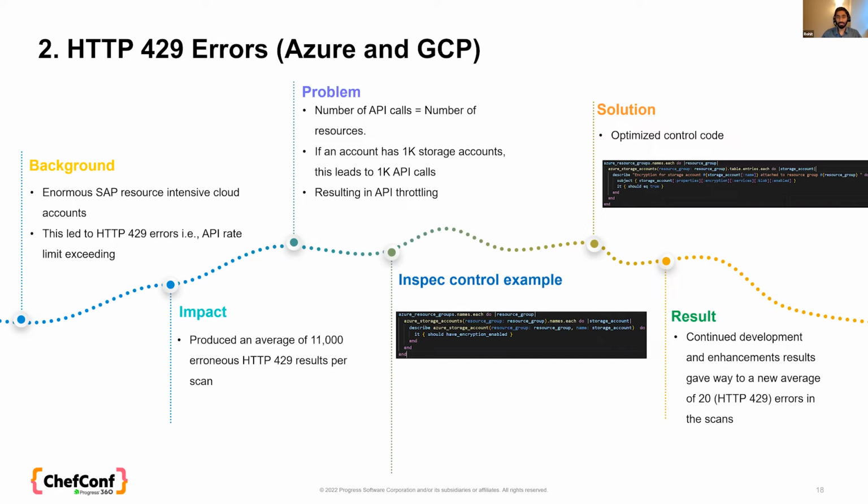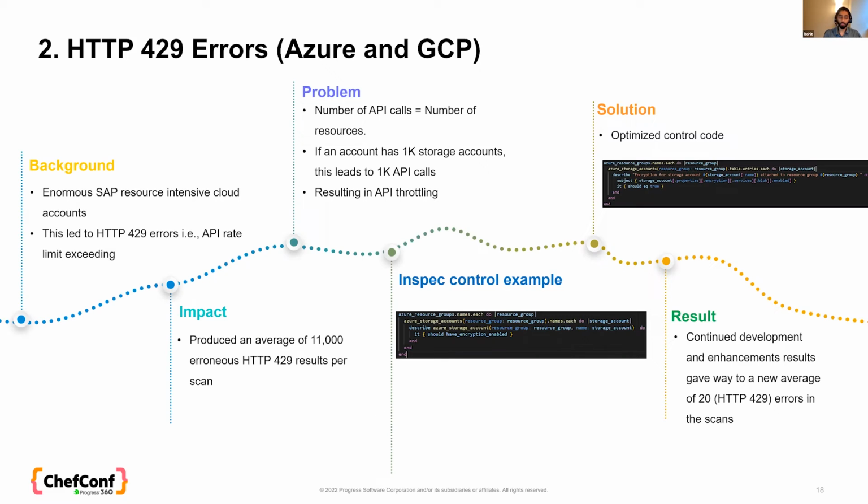As we can see in the screenshot, we have put in under the inspect control an example of how the initial control implementation looked and how that caused issues and resulted in API throttling. So we were looping through the resource groups individually and then getting the list of all the storage accounts attached to the resource group, and then checking each storage account individually for compliance.